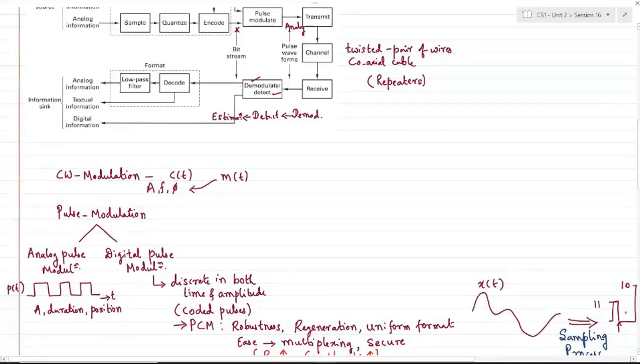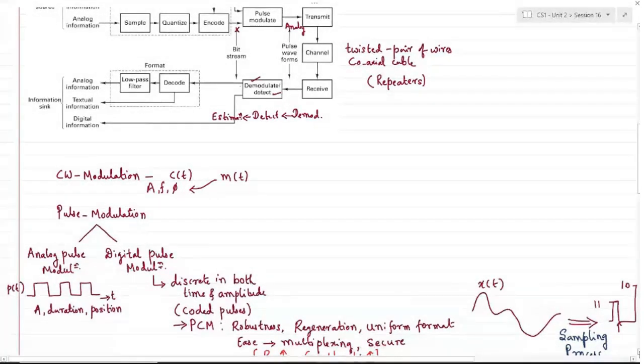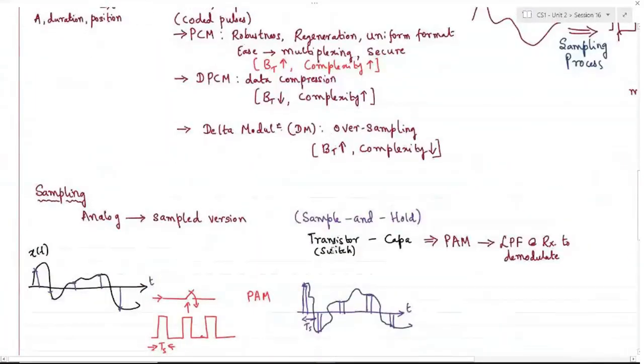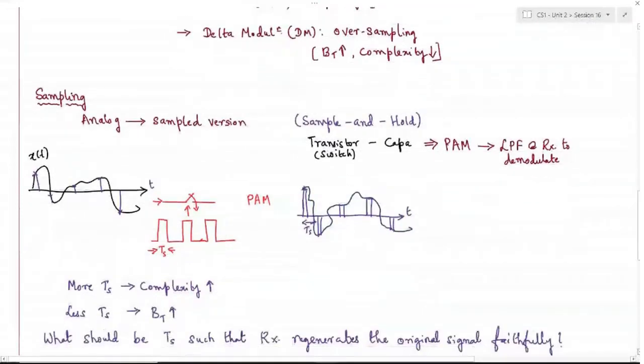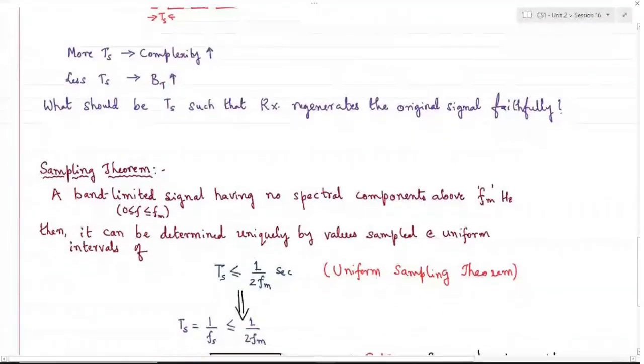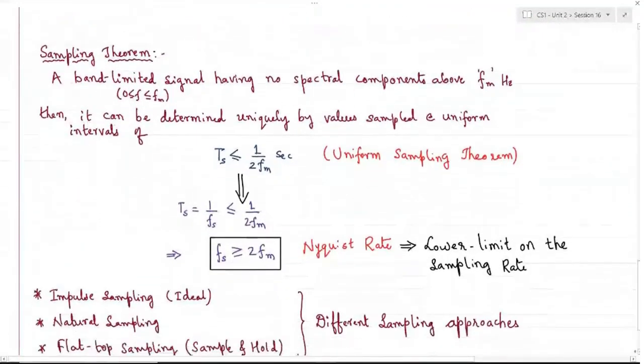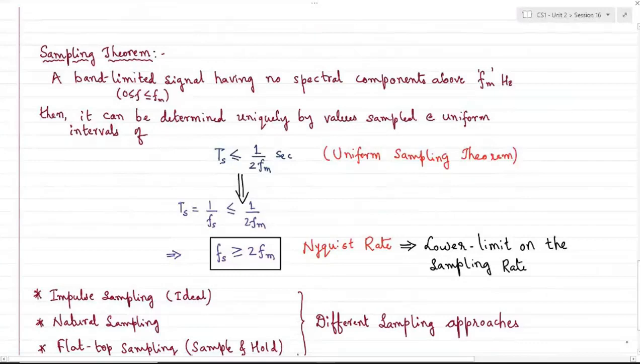So with that idea behind, we started off with the sampling process. Sampling is majorly governed by a theorem known as the sampling theorem, which gives the apt sampling duration or sampling rate required in order to recover the original information signal at the receiver.